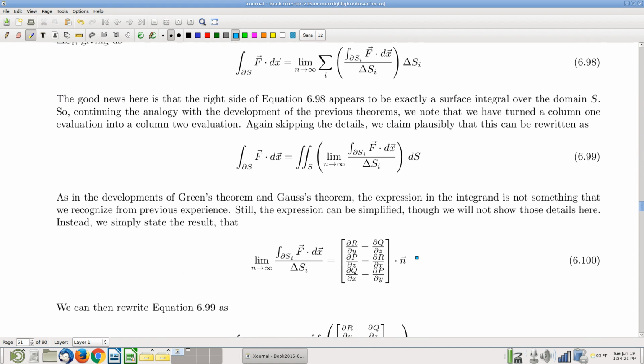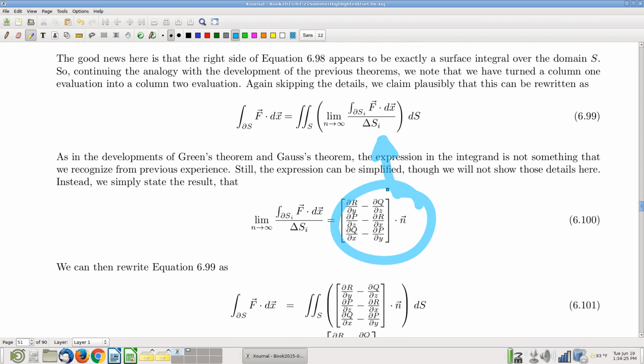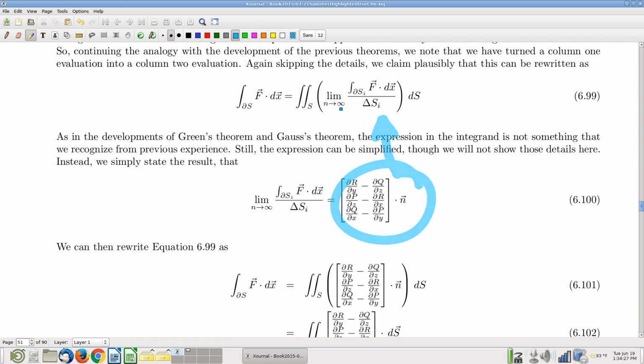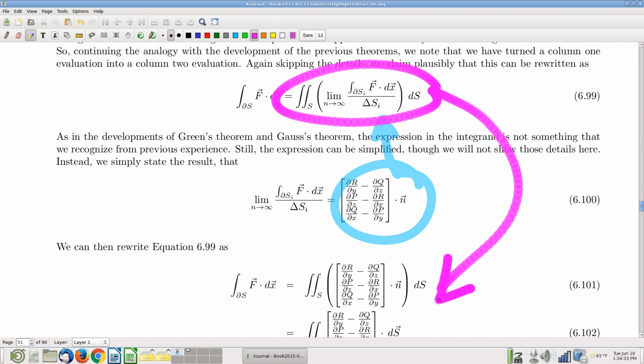And we plug this into there. And our expression here turns into that. And we have a theorem.